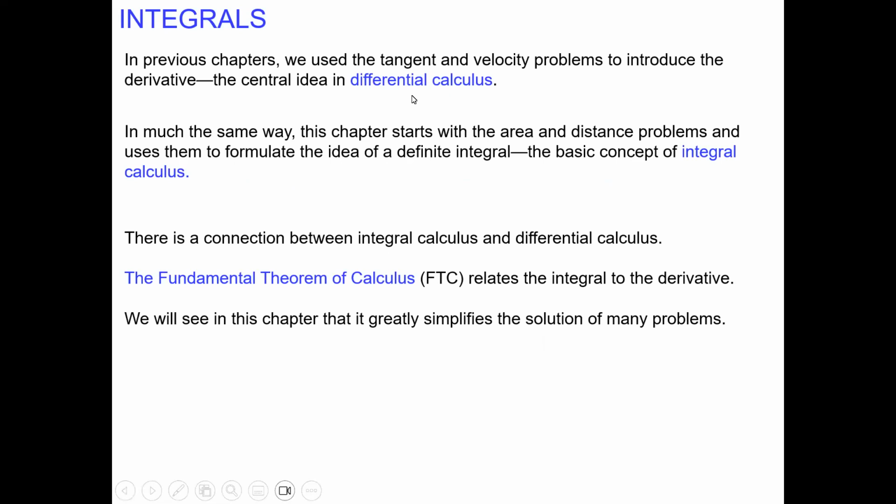We did talk a lot about differential calculus, of course, lots of rules of differentiation. Differential calculus mainly focuses on finding the instantaneous rate of change. For instance, the slope of the tangent line is the instantaneous rate of change of the function at the given point.